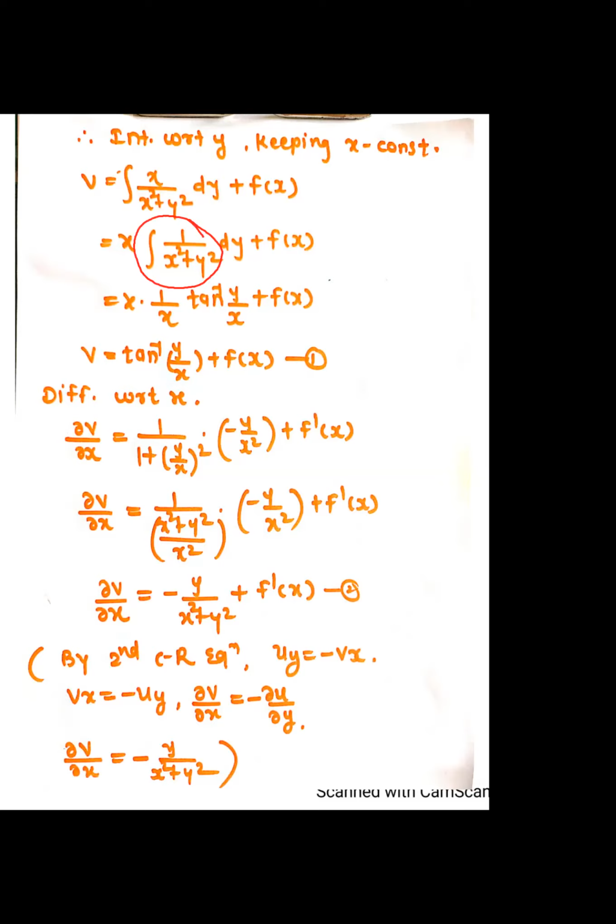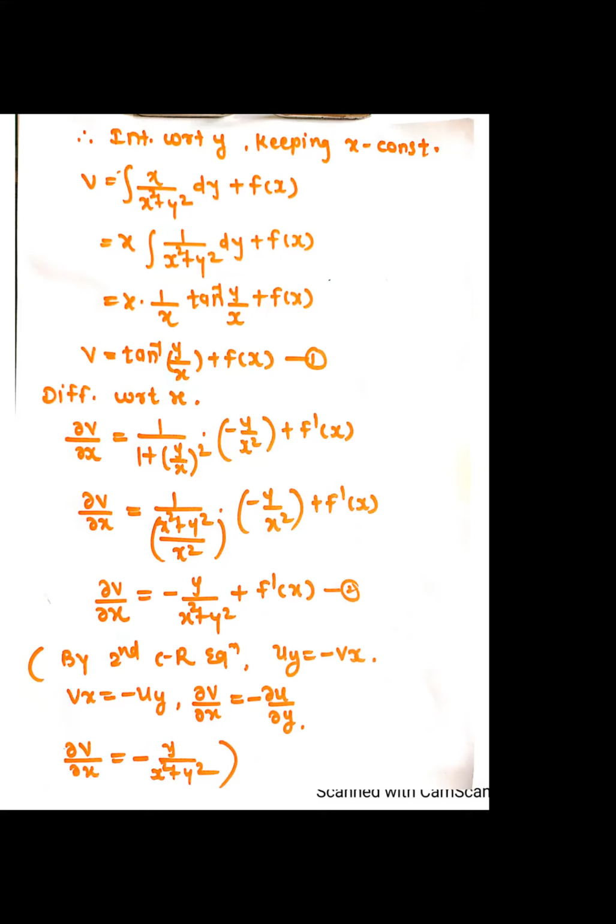There is a formula for integration: 1 upon a square plus x square is 1 upon a tan inverse of x upon a. So now here y is the variable and x is a constant. So instead of a, we have here x. So it is 1 upon x and the tan inverse of y upon x.